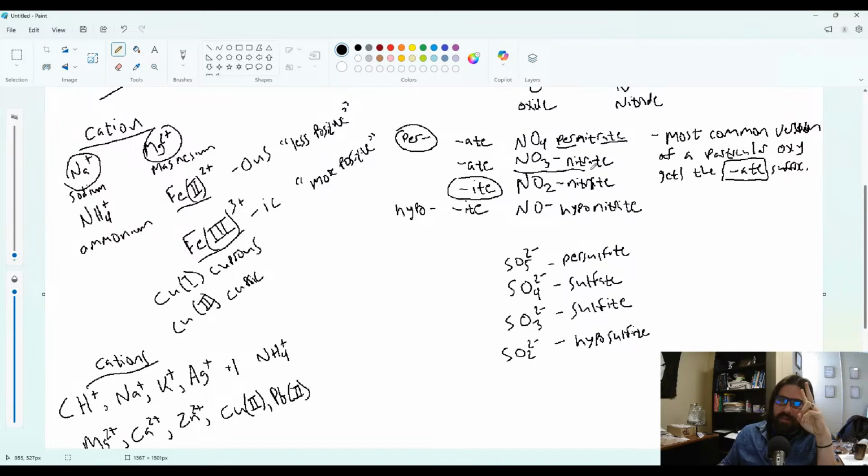Two less than the most common version has the hypo prefix and the ite suffix. And then one more than the most common version retains the ate suffix, but adds the per prefix. Okay, I know that one's a lot and really, really annoying, but oxyanions are a pain in the butt for sure. Okay, sweet.